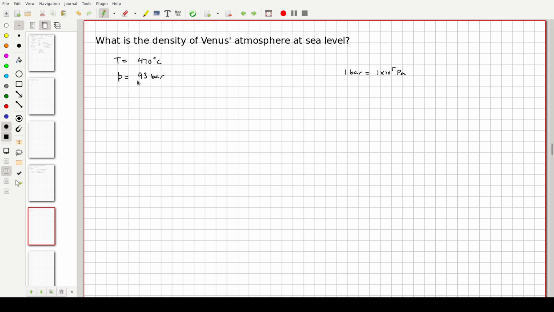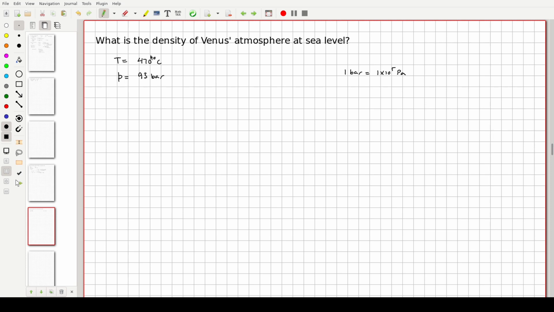So when you say it's 93 bar, you mean it's 93 times 10 to the 5th pascals. If you think of the Earth's atmosphere as being 1.01 times 10 to the 5th pascals, this is approximately 93 times more pressure on top of you, which would not be a pleasant experience.